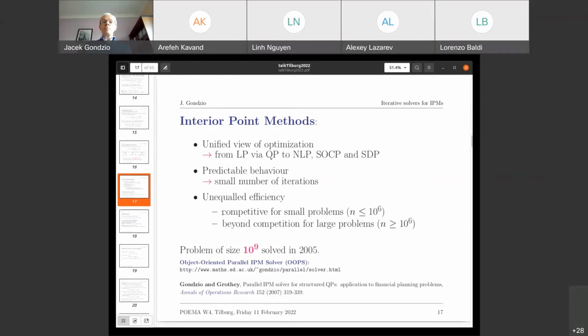They are certainly competitive for small problems, anything below 1 million. But if you want to go for really large scale problems, exceeding 1 million in dimension, then practically nothing can compare with interior point methods. And already many years ago, almost 2 decades ago, a size of 1 billion was reached. If you are interested, you can have a look at the paper and the related software which was used to do that.